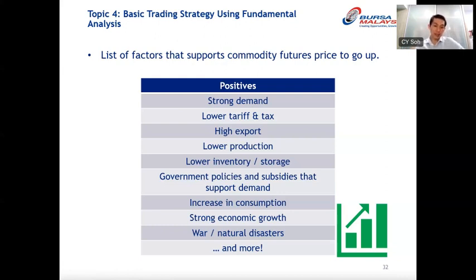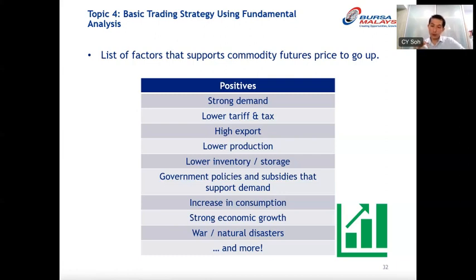Similarly, higher export. Increase in export for your commodity means people want to buy from you, right? So there is a strong demand from foreign markets. For example, for our FCPO market, when there is strong demand from foreign markets, especially from China as well as India, it can create competition for the available supply.